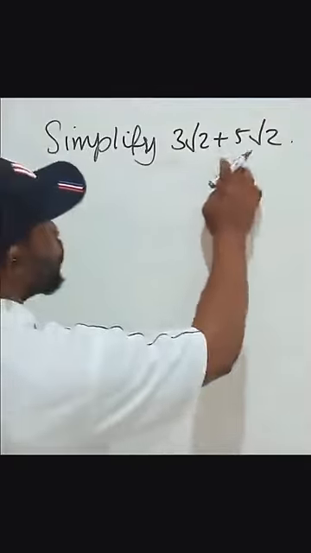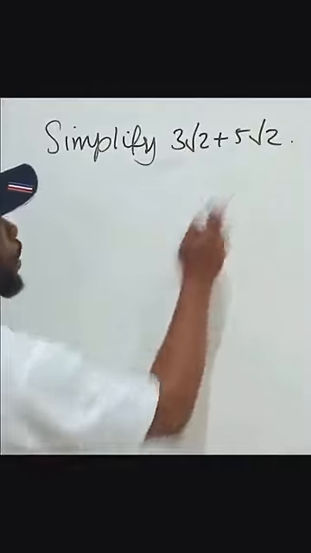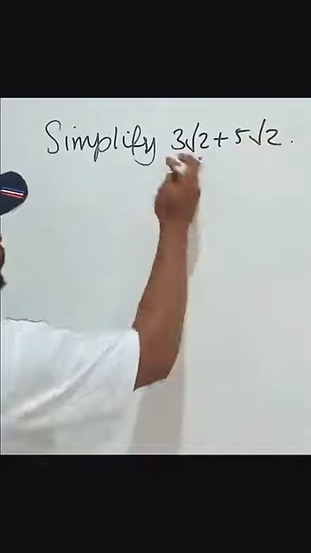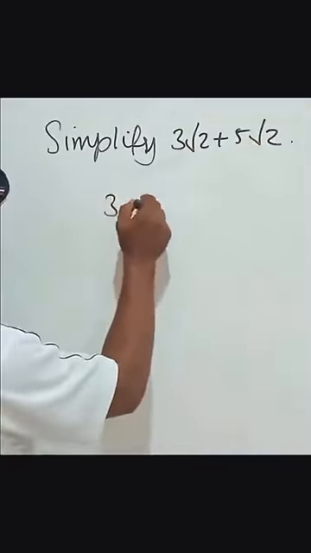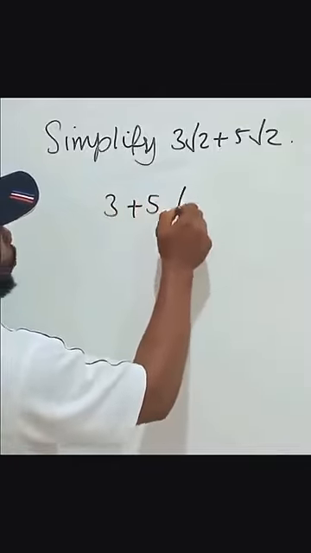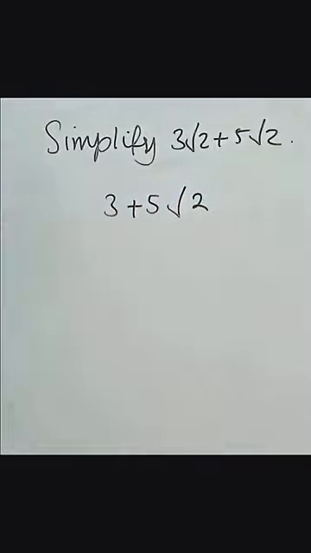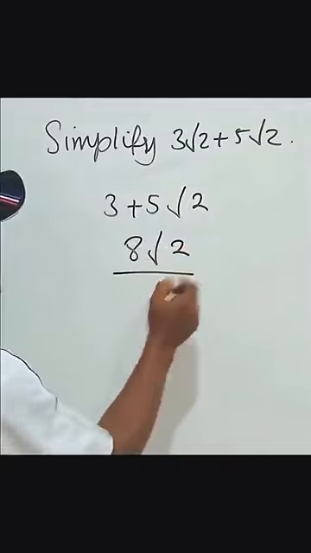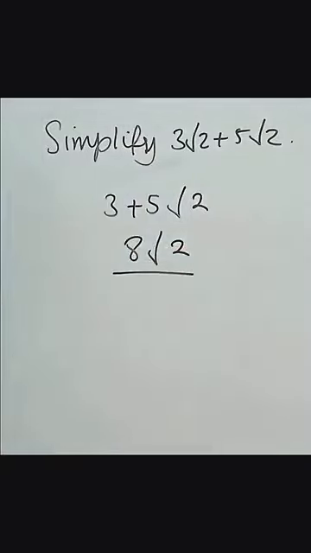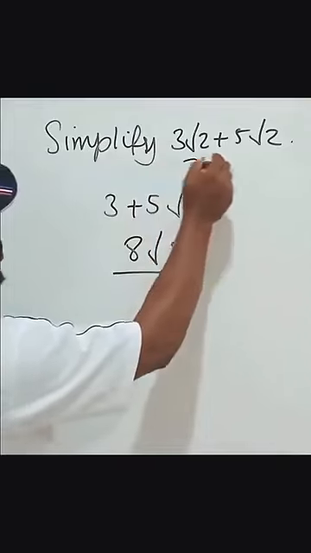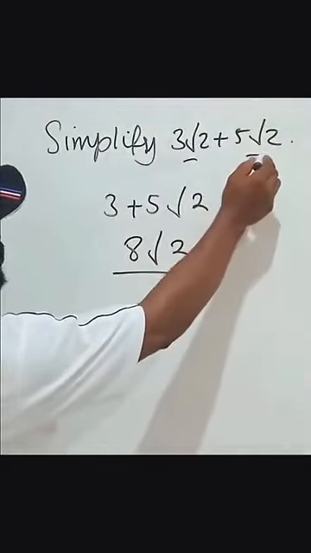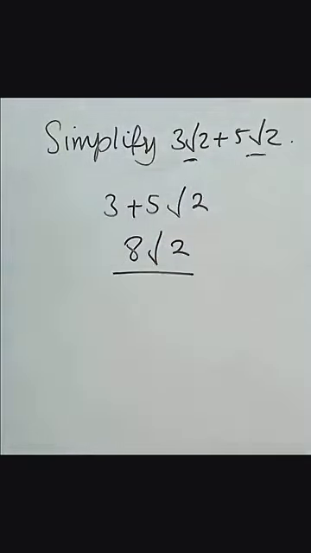Simplify root 2 plus 3 root 2 plus 5 root 2. Because we have a common root, this becomes 1 plus 3 plus 5 root 2, and this is the same thing as 9 root 2. Now, it is possible for us to add these surds because they have a common root. This rule applies to addition and subtraction of surds.